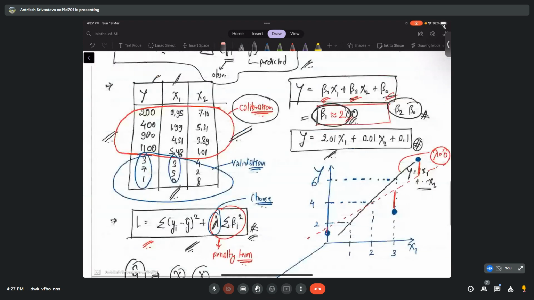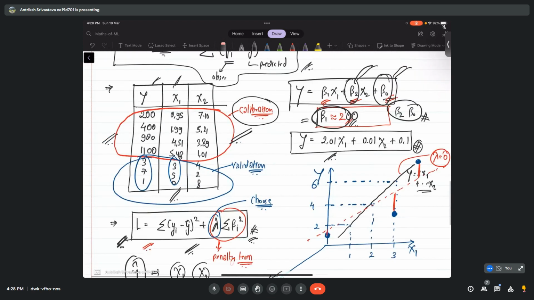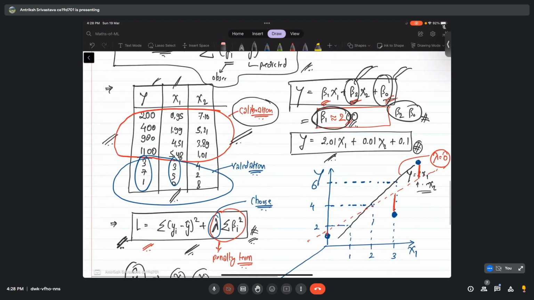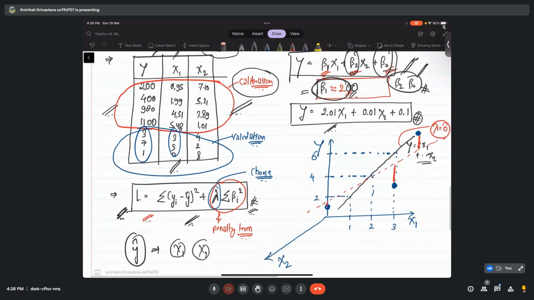So it will try to reduce beta 1, at the same time it will try to increase beta 2 and beta naught to get some value so that the error is less. I'm not saying that it is going to completely ignore this 200. Relatively, beta 1 will still be higher, but beta 2 and beta naught will not be negligible in this case. So in that way, we prevent overfitting that can arise from this set of data.